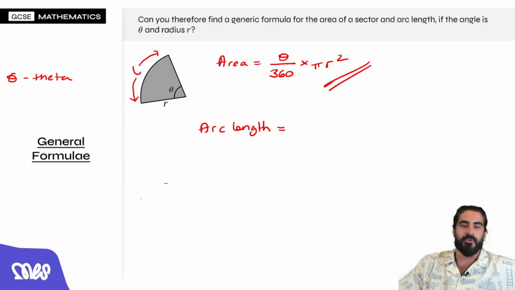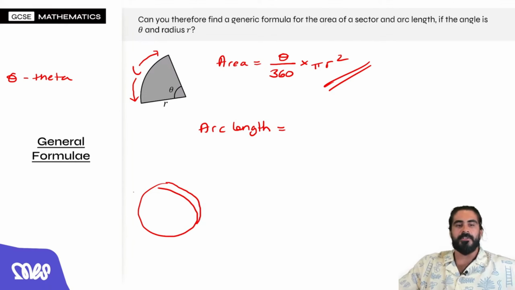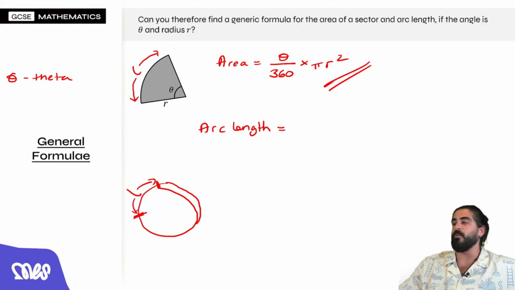So if I was to draw a picture of the circle, you have the full circumference, and the arc length is only a portion of that full circle. So again, we're just working out what fraction is theta over 360, but we just apply it to the full circumference.